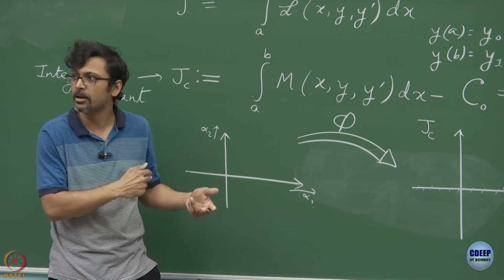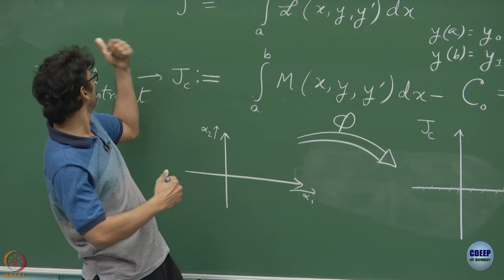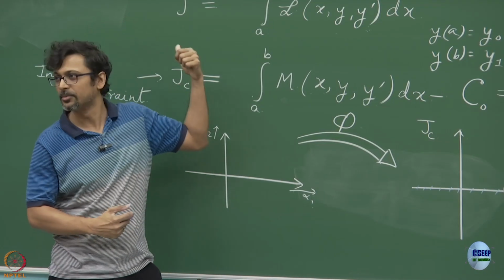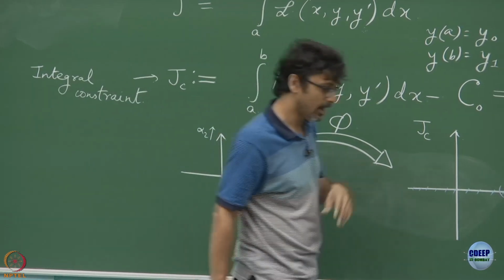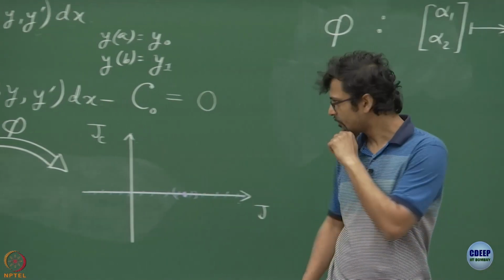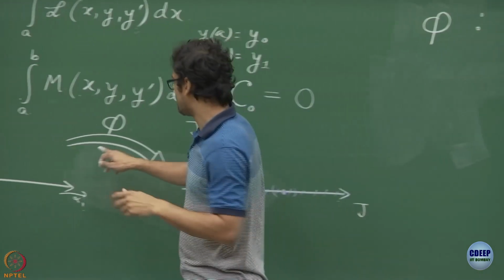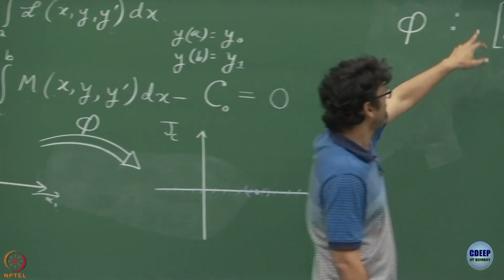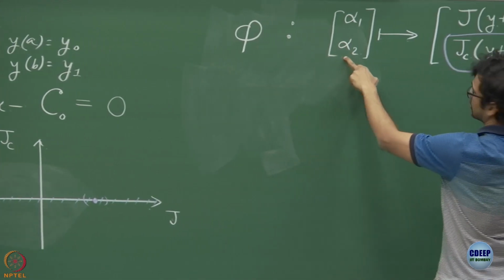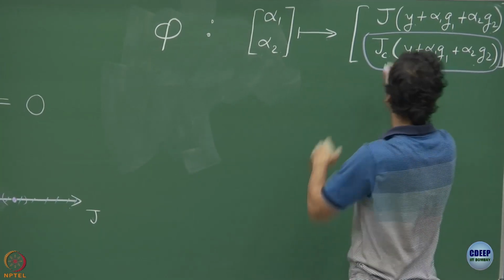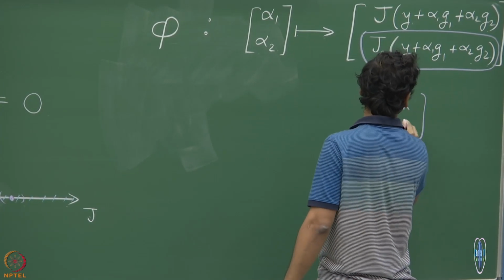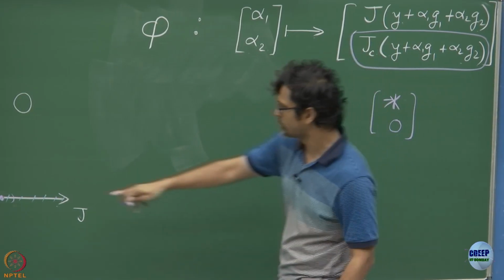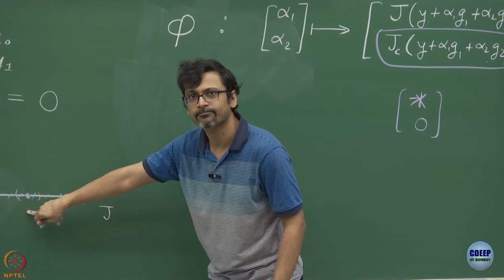Think of the reverse argument I am making here, because I am eventually going to use the inverse function theorem that I just mentioned a while back. What am I saying here? Whatever you do here with this phi, which is a mapping from the variables alpha 1 and alpha 2 to these objects, essentially translates to something like this, some non-zero term here and some zero term here, which corresponds to a point on the x-axis.